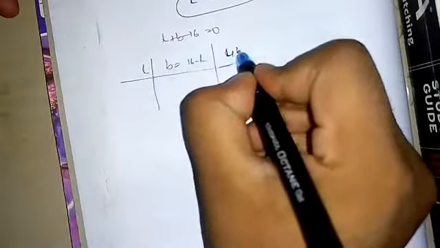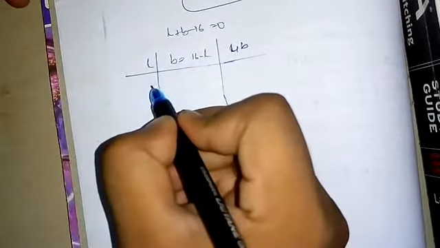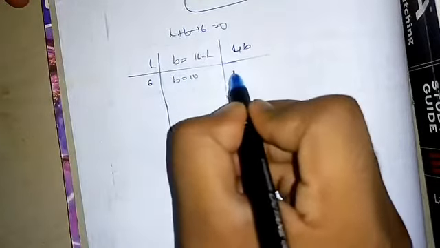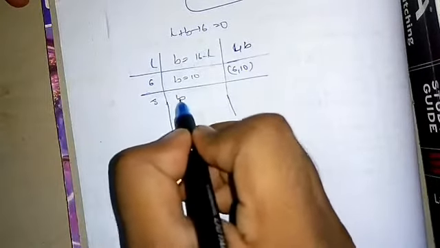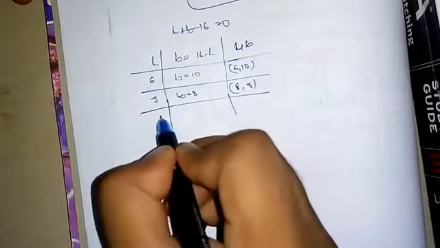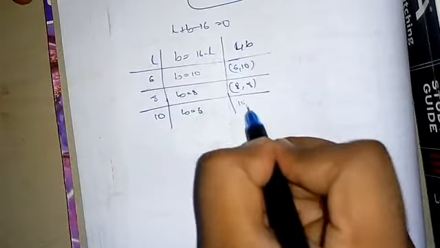Next, L comma B. Let's start with L equal to 6, B will be 10. So 6 comma 10. L equals 8, B will be 8, so 8 comma 8. For L equals 10, B will be 6, 10 comma 6.